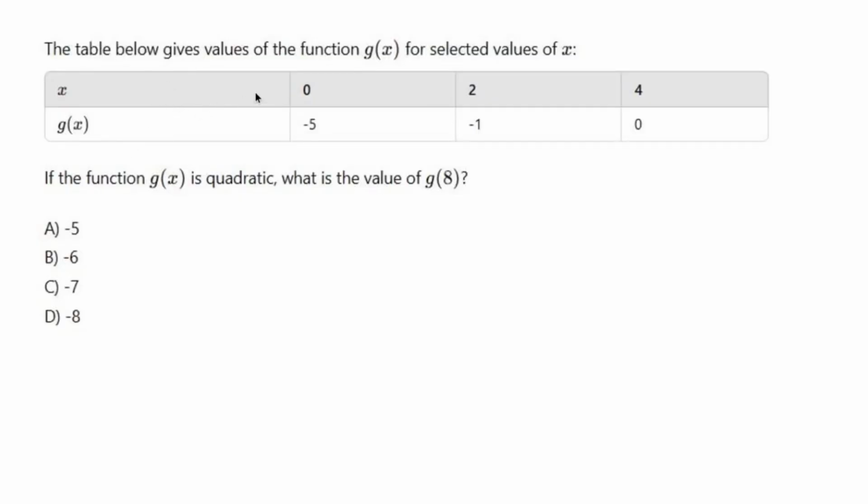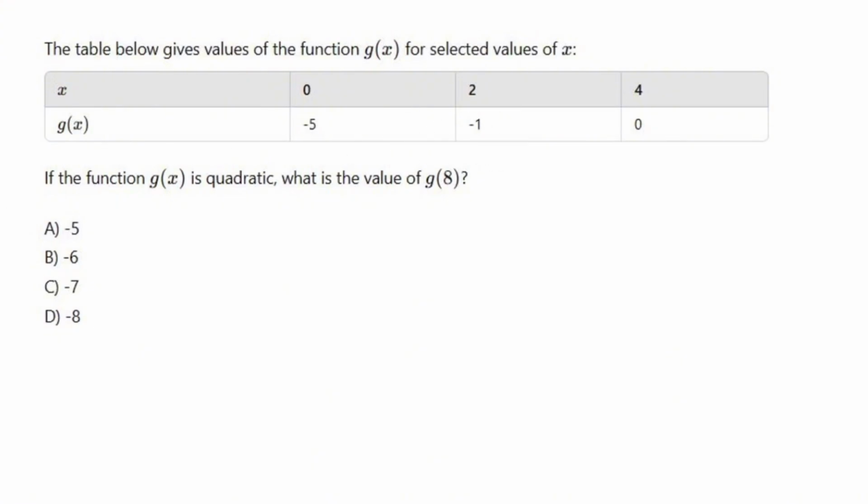The table below gives values of the function g of x for selected values of x. So for x, you have 0, 2, 4, so those go up by 2 every time, equal length input value intervals. And g of x is, I don't know, it's a mess. But what we do know is it's quadratic. So what is the value of g of 8? Well, let's see what we could do here. If it's quadratic, we should be able to find the rate of change of the rate of change.